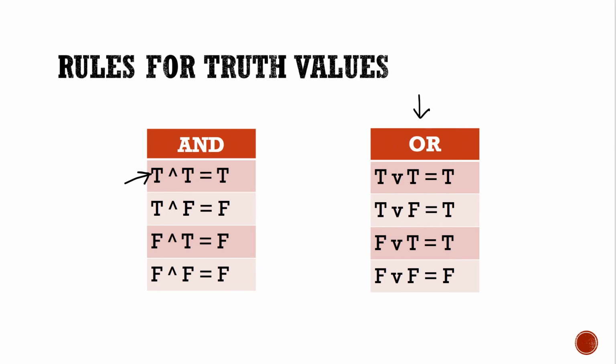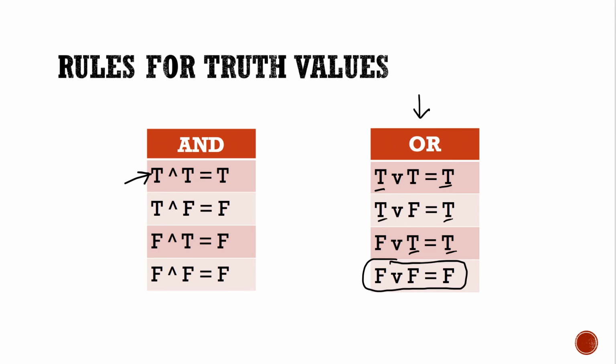The or statements are true in almost every case. And so the way I like to remember the or statements is to say that it's true as long as there's any bit of truth in the statement. So for example, if there's a T on the left-hand side, it's going to be true. So there's a T here, it's going to be true. There's a T here, it's going to be true. The only case where it's not true is where there is no truth on the left-hand side.